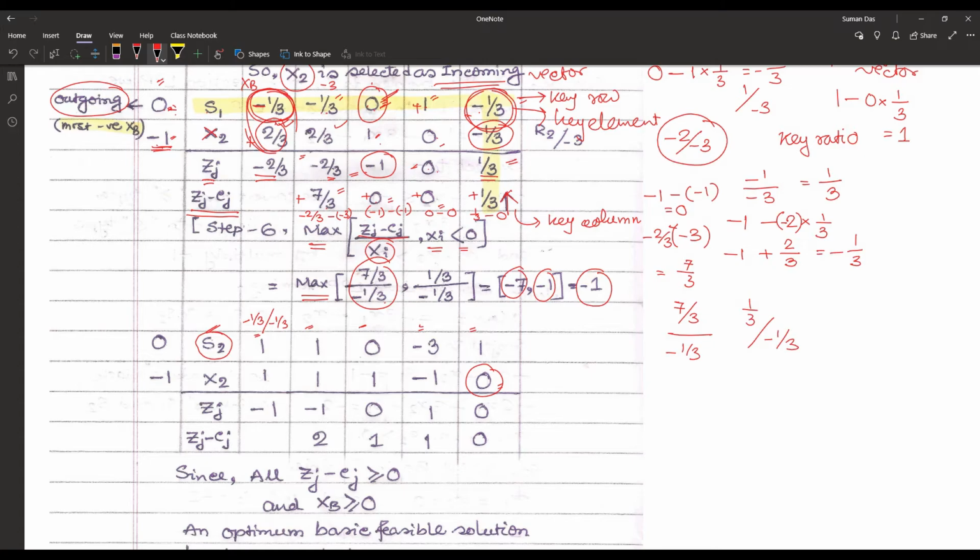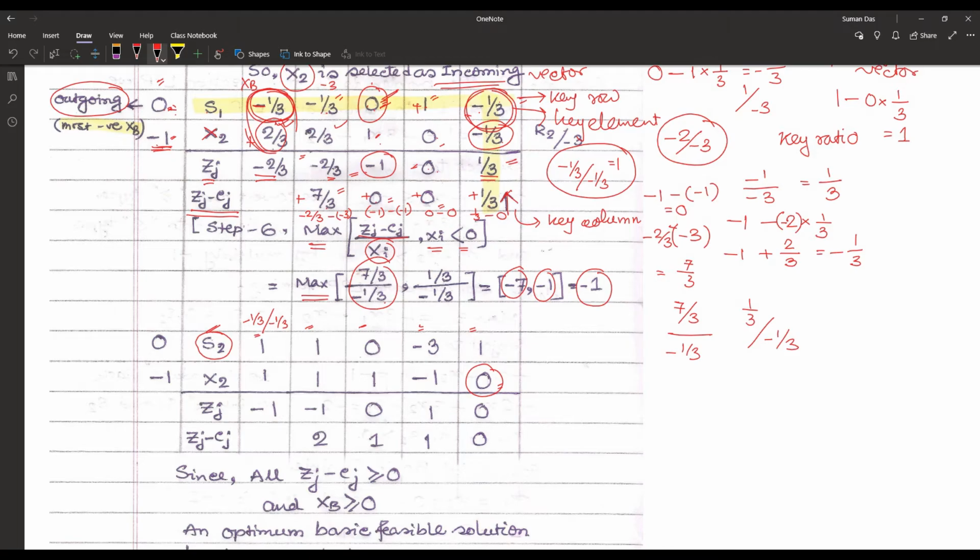For the remaining row we have to find the cell values same as the previous one. So what should be the key ratio? That must be minus 1 by 3 divided by minus 1 by 3, that means that one by that one. So the key ratio is 1. Let's check.